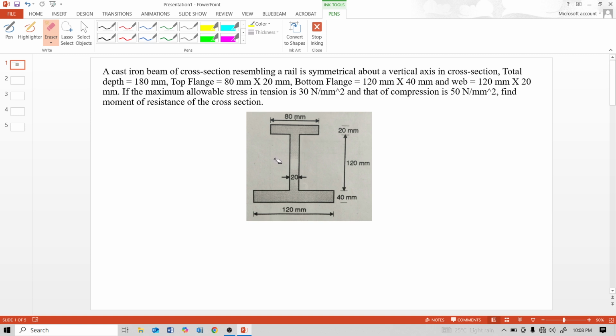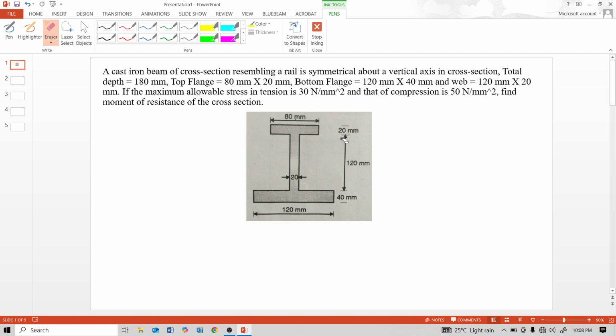In our previous lecture, numerical 3, we had symmetry about the x-axis. The top side of the x-axis and the bottom side of the x-axis were both symmetric. So in numerical 3, we couldn't use the parallel axis theorem.